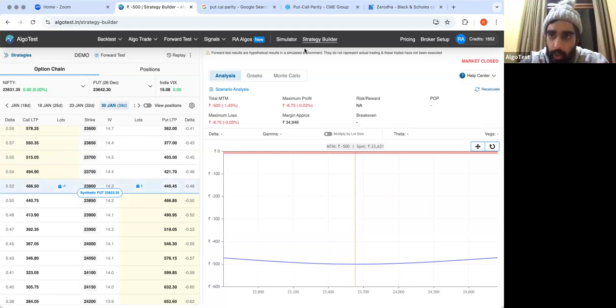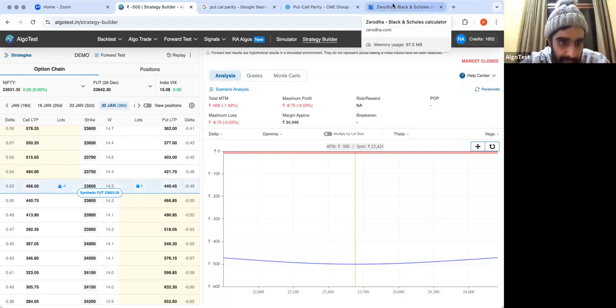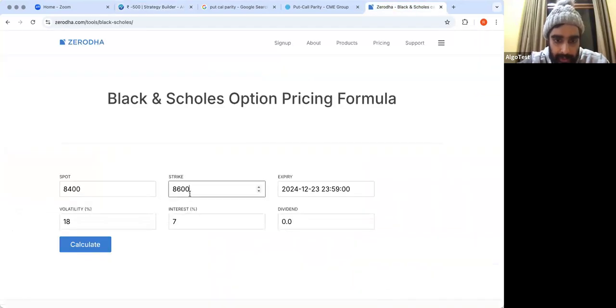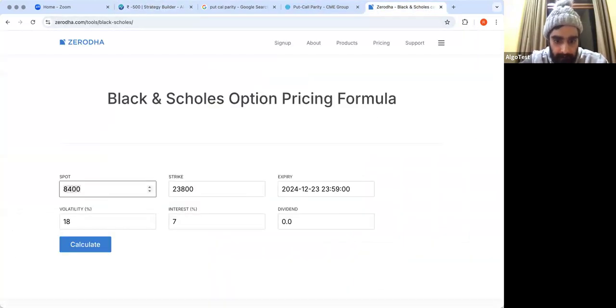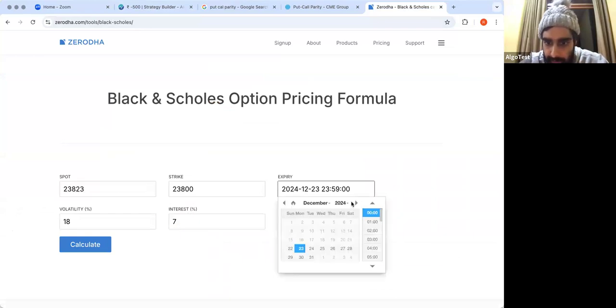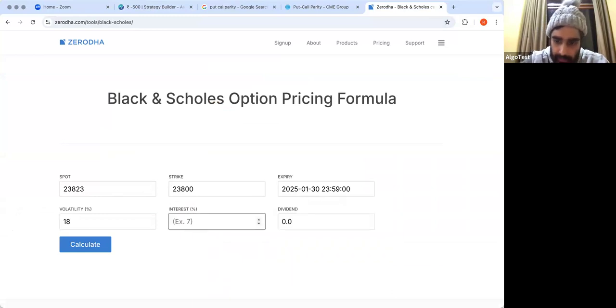So what does a call look like at a 15 IV? My strike is 23,800. My spot is, let's put the synthetic future here, which is 23,823.3. My expiry is Jan 30th. These I can put as 0.